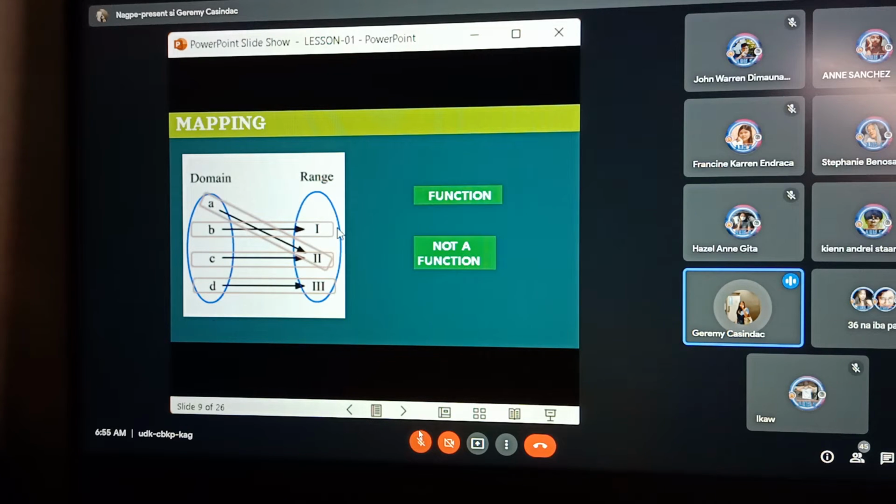Okay? So, ang tawag dito sa correspondence na to is many-to-one. Tama siya kanina. The answer is function. Okay?